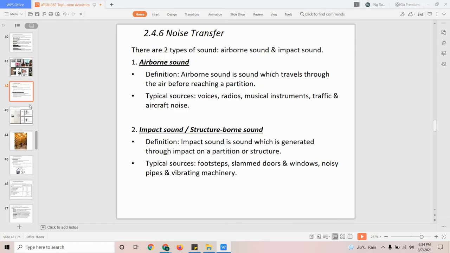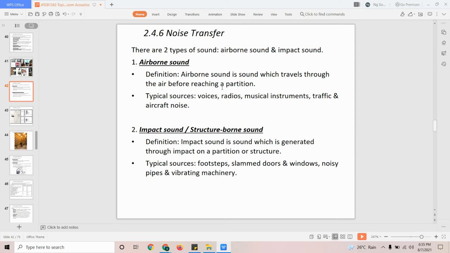Okay, there's actually two ways in which noise can be transferred. One way is airborne, which is how your speaker, your radio, or your TV transmits sound. And then the next is impact generated sound, meaning something is hitting on it.